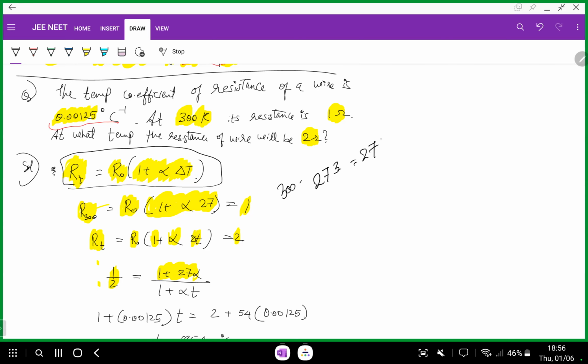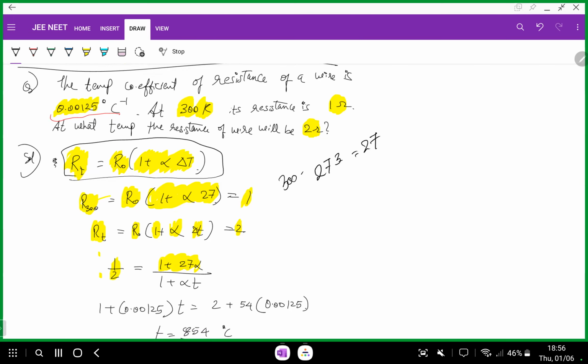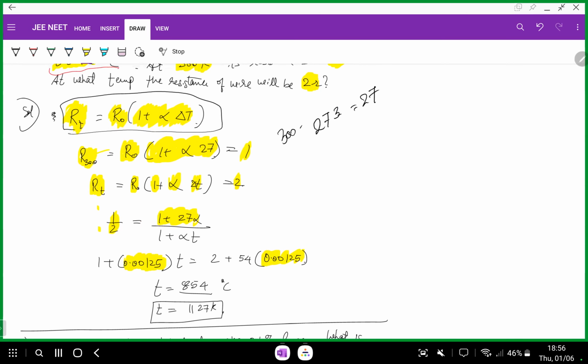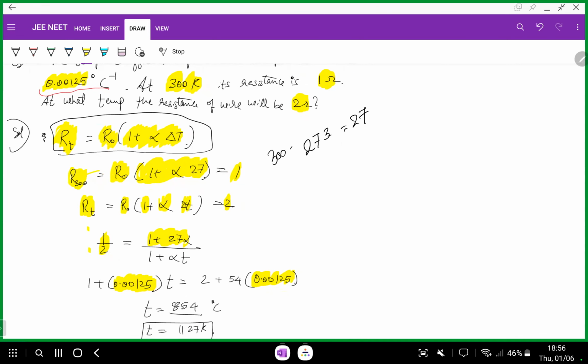So the alpha value is common here. If you cross multiply, we'll get the answer. R naught will be common, so we are just cancelling it, removing R naught here.